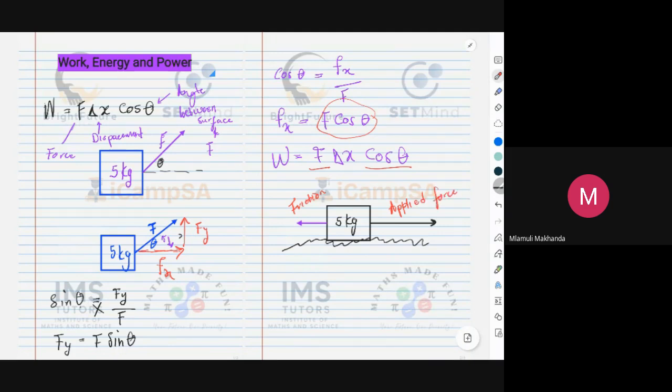So the applied force is doing positive work. Then the frictional force is doing negative work, right? So the reason these are doing opposite works is because friction is pulling to the other side and the applied force is also pulling to the other side. So they are doing opposite work.